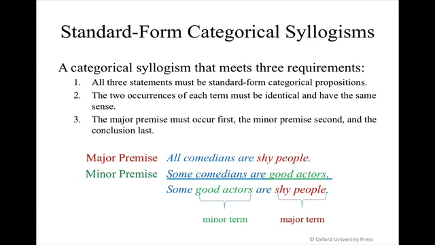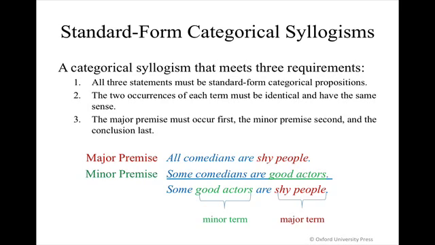And by and large, the major term is called such because it's the larger class into which the subject class of the conclusion either is distributed into or excluded from, or in the case of an I proposition, neither. The major term is the predicate of the conclusion, and it is what appears in the major premise.